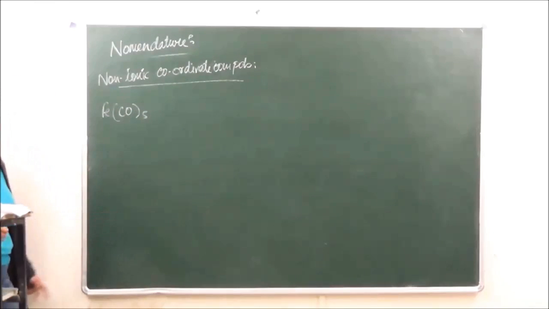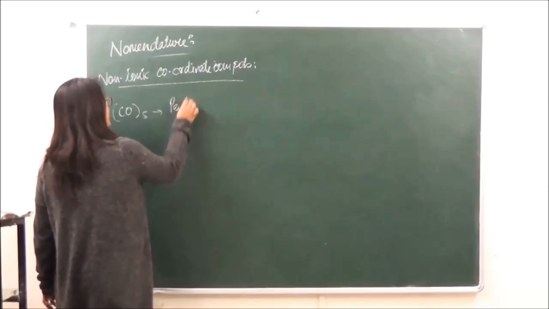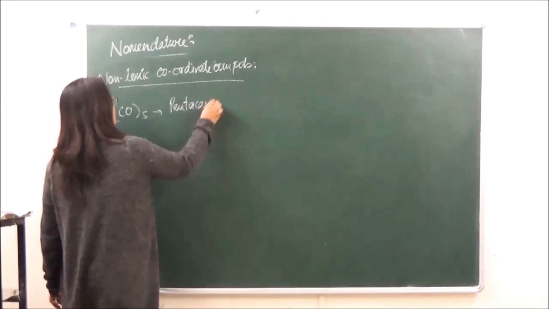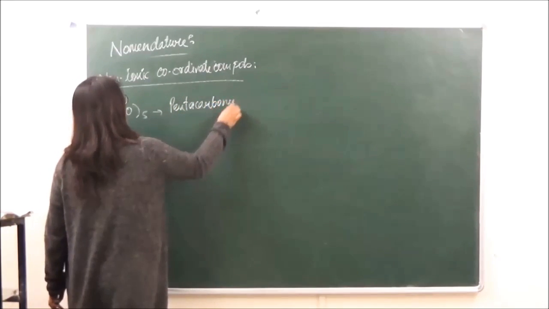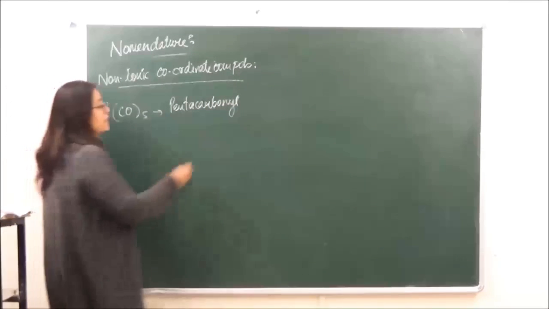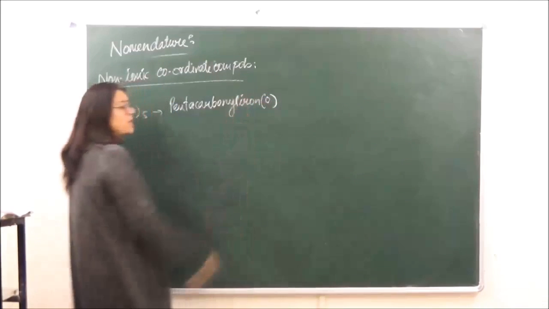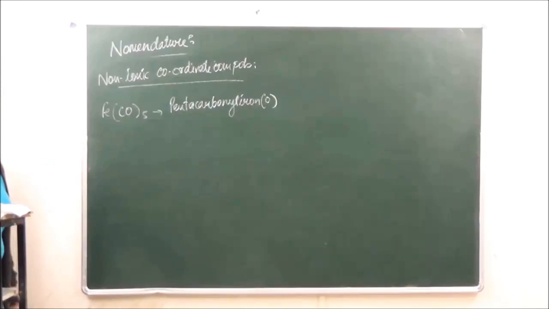We've already taken one example. The name given will be pentacarbonyl iron. What is going to be the oxidation state? Iron is 0. So you need to mention the oxidation state. Is it clear?